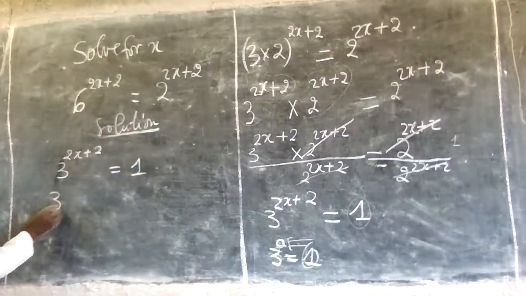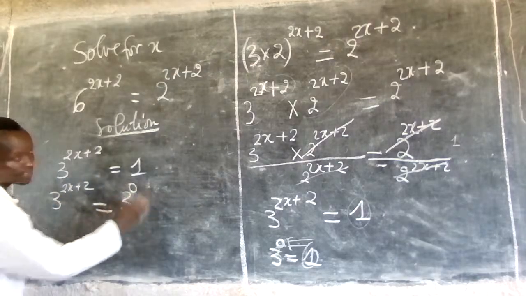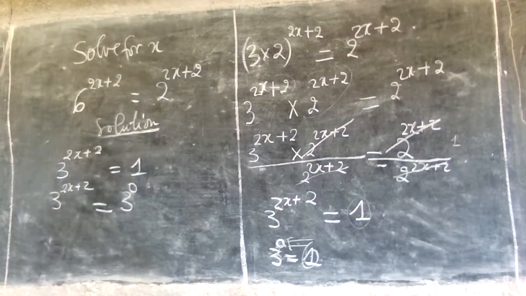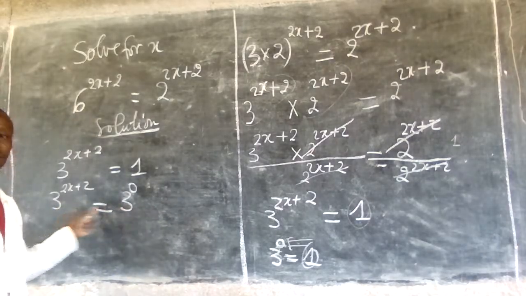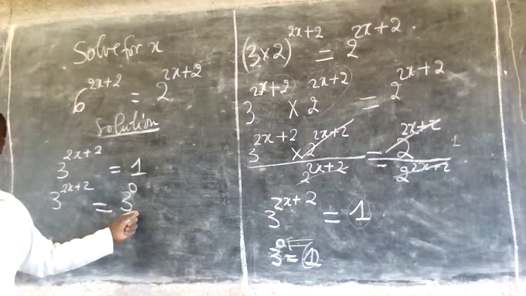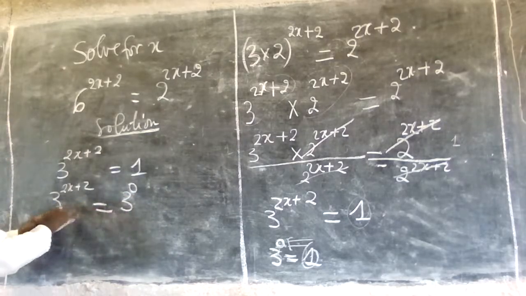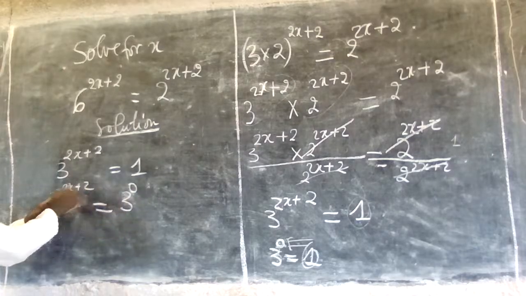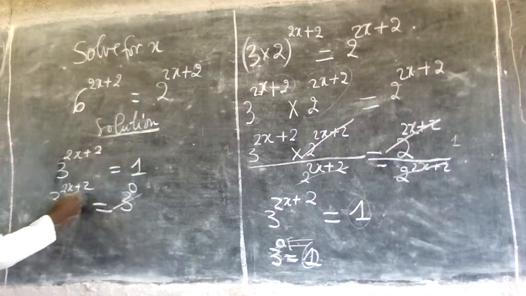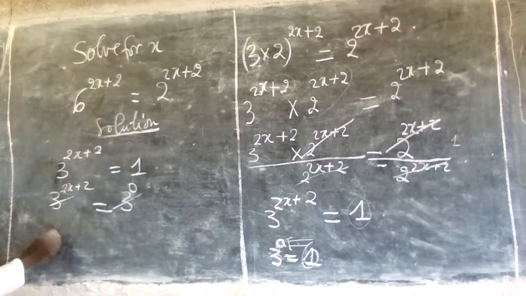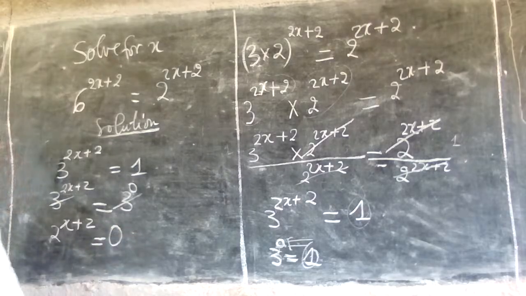Now we have 3 power 2x plus 2 is equal to 3 power 0. Clear? Now we are going to simplify, because when we have a similar base, you have to cancel those two bases and write the remaining powers. This will be cancelled with this one and we remain with 2x plus 2 is equal to 0.